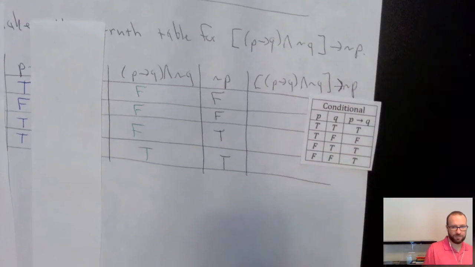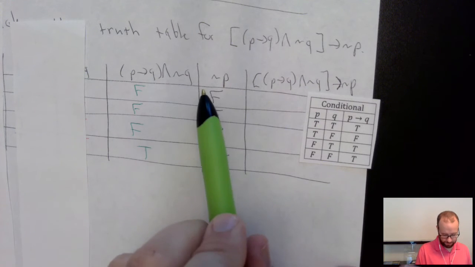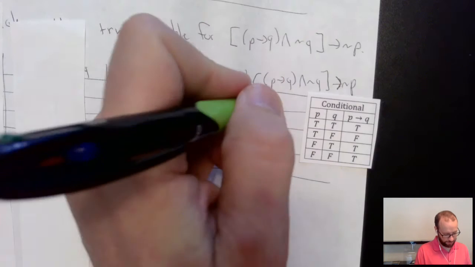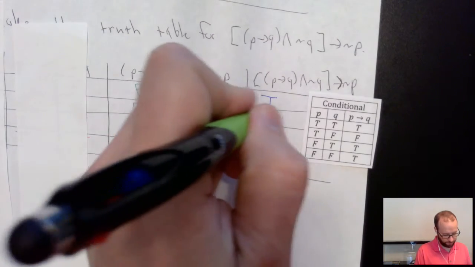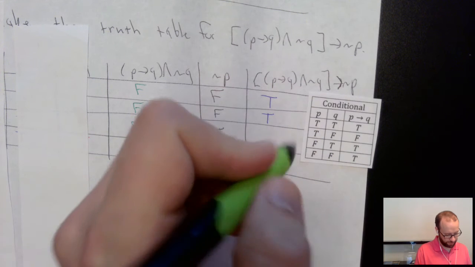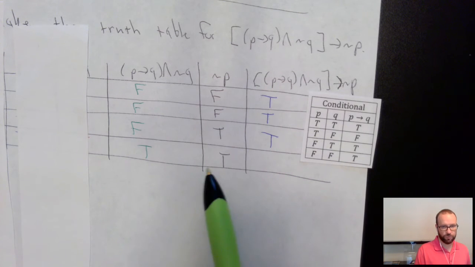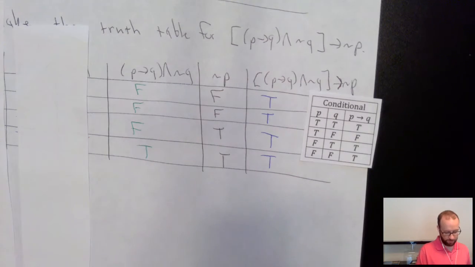So looking at these last 2 columns, in order, first I have if false, then false. False, false gives me a true. If false, then false. False, false gives me a true. If false, then true. So false first, true second gives me a true. And then if true, then true. True, true gives me a true from the top row.